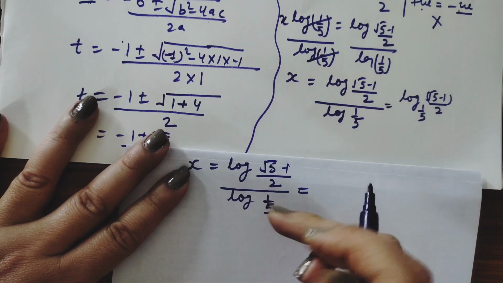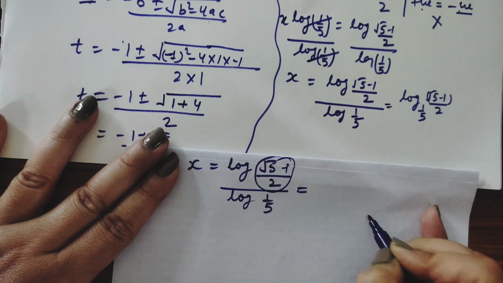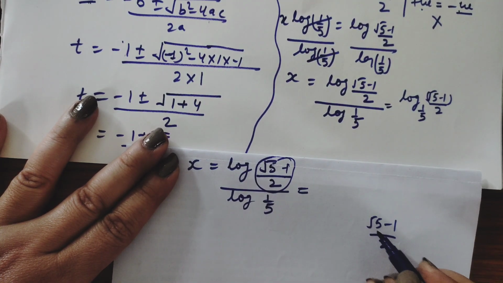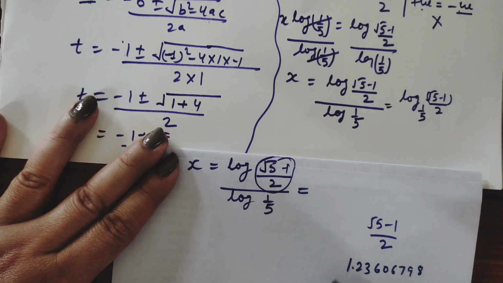If you write the values one by one, first we solve root 5 minus 1 by 2. The square root of 5 is 2.23606798, found using the calculator.